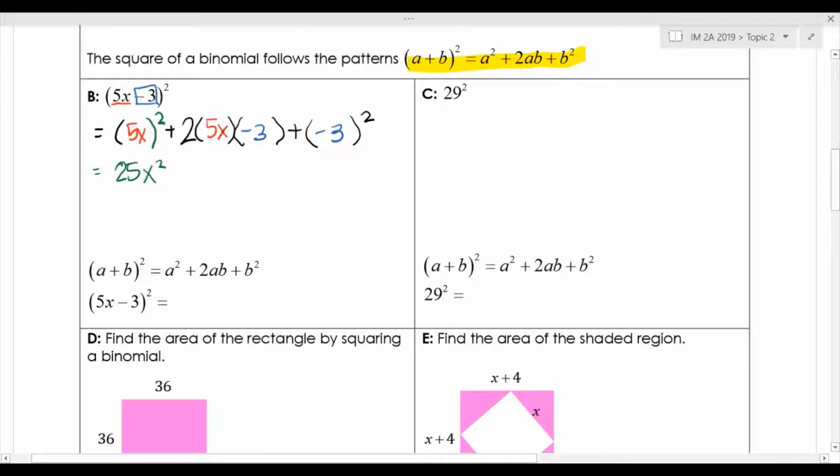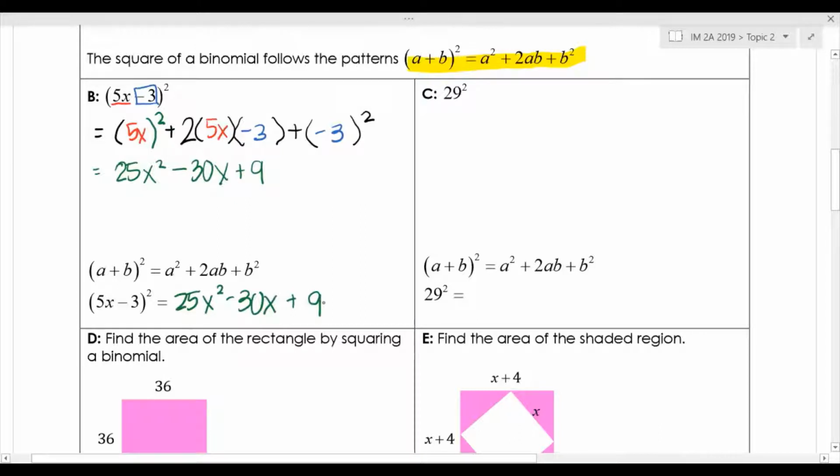So right now I have 10x times -3 is -30x. And then -3 squared is +9. Okay, so what we see from here is that 5x minus 3 squared is equal to 25x squared minus 30x plus 9.